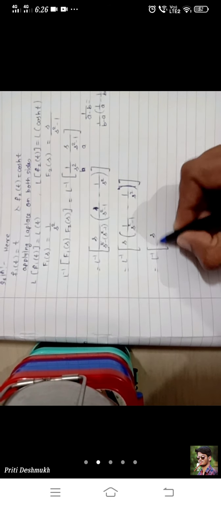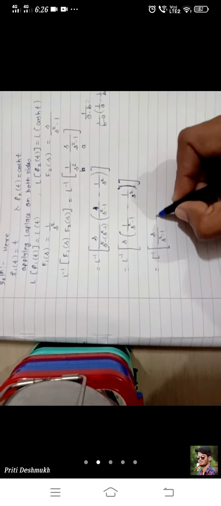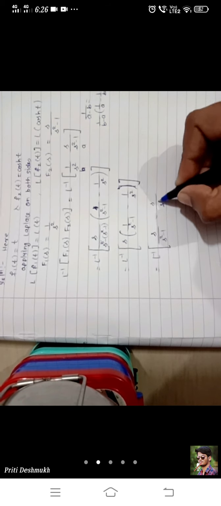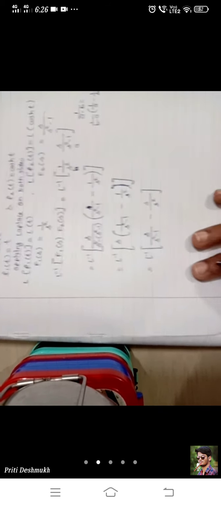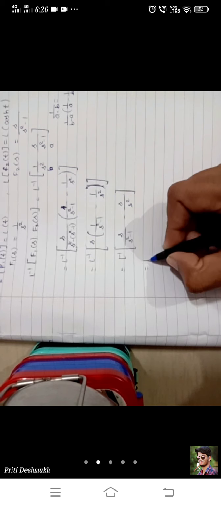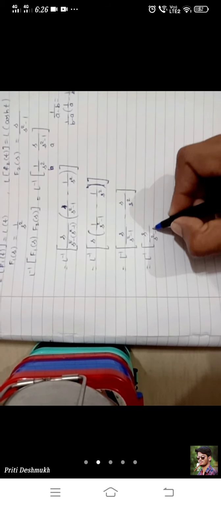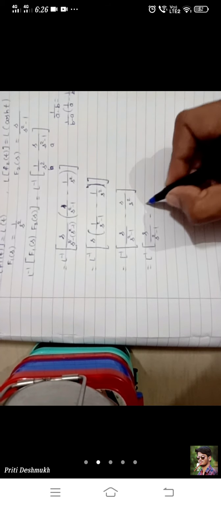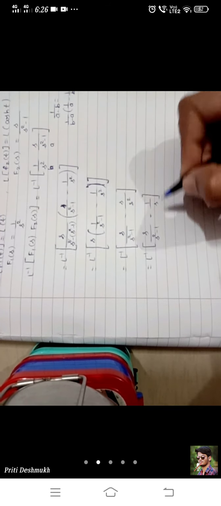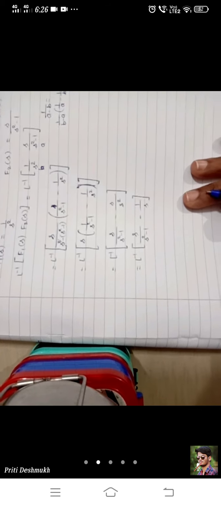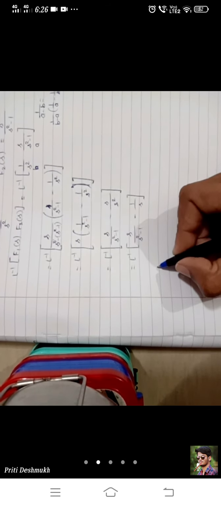So s upon s square minus 1 minus s upon s square. So it is equal to Laplace inverse of s upon s square minus 1 minus 1 upon s. Now the term is ready for applying Laplace inverse.